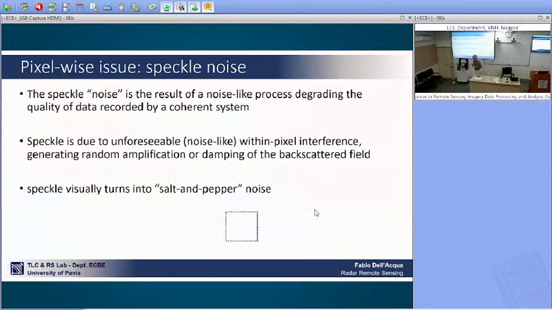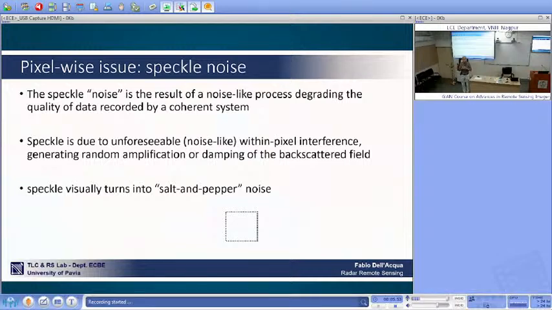This is very different with respect to natural illumination, because natural illumination, sunlight, as I said before, it's chaotic. It pours on the observed area a number of diverse waves, each one with a different phase, which all in all average to a stable response.